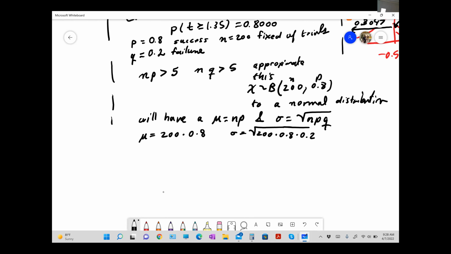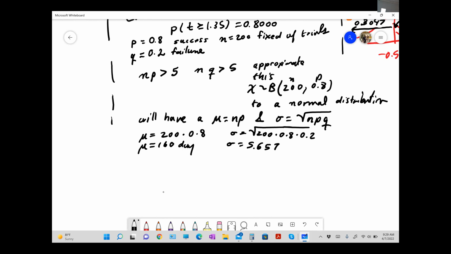So we got 200 times 0.8. That's 160. So my mean is 160 days, right? And my sigma is 200 times 0.8 times 0.2, and then take the square root of that answer. I'm going to write this to 3 decimal places: 5.657.